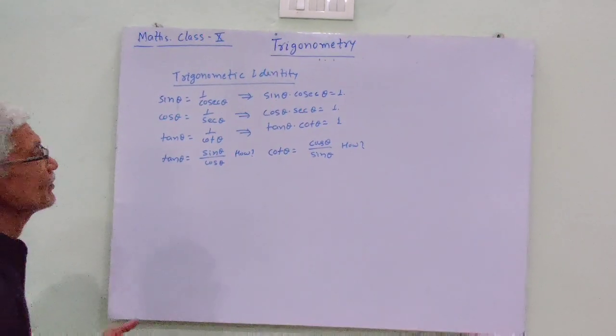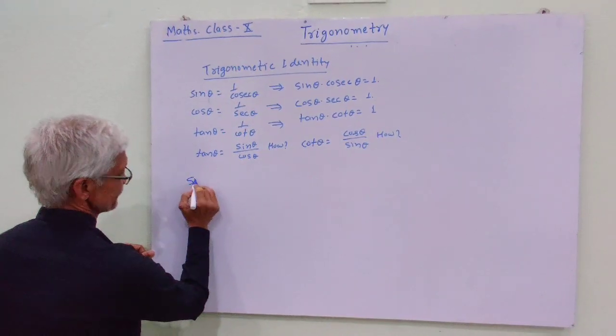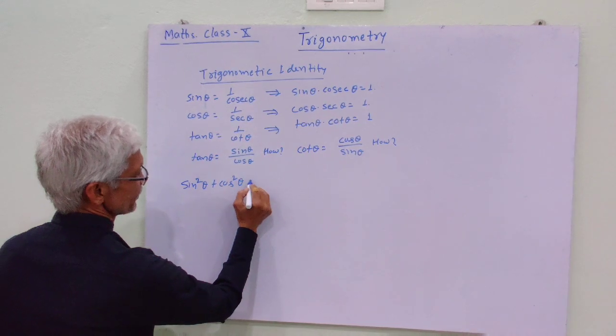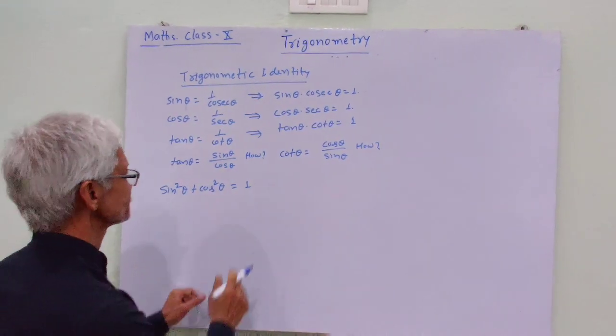Now we have to read about the sum of squares, like sin square theta plus cos square theta is equal to 1. How can we say that?